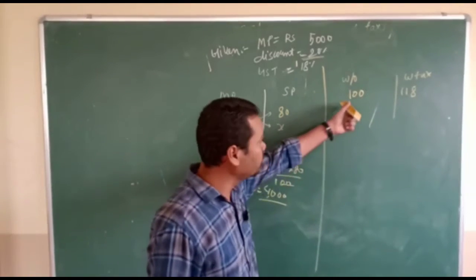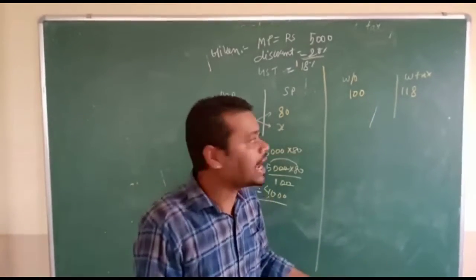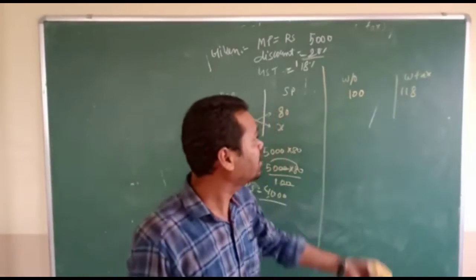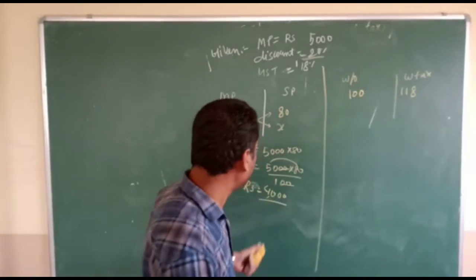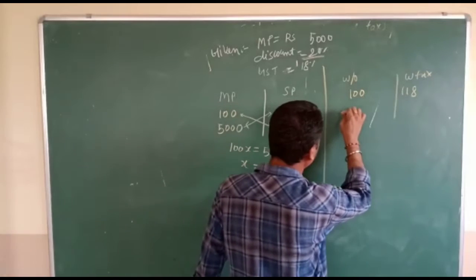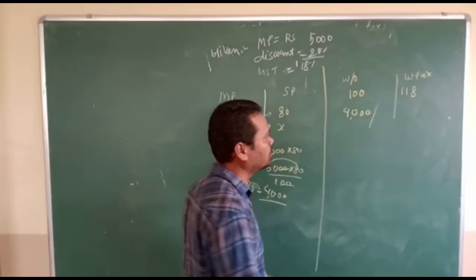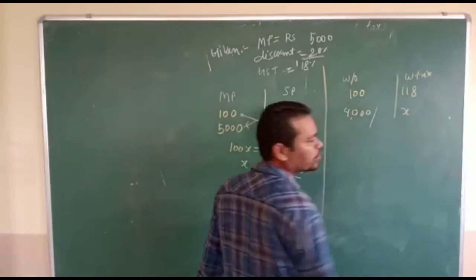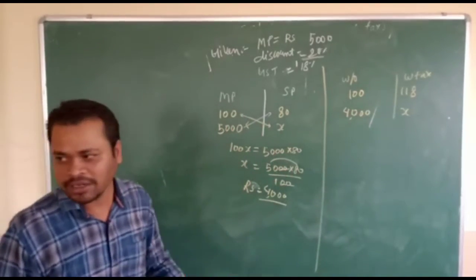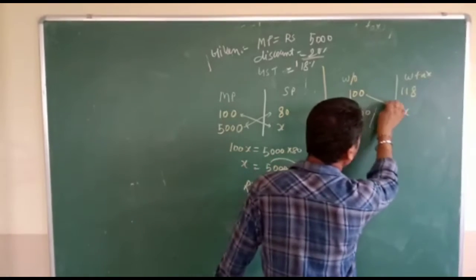Without tax you are supposed to pay 4,000. With tax, how much rupees are you supposed to pay? Since you don't know, put x in that place. Again, do the cross multiplication, you will come up with the right answer.